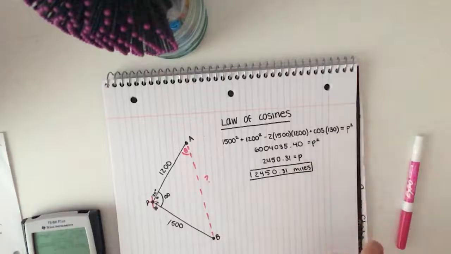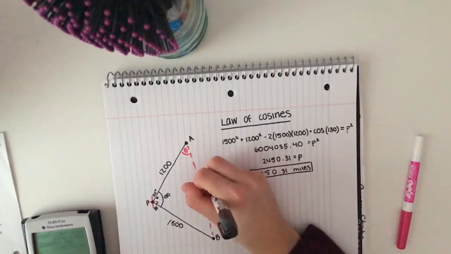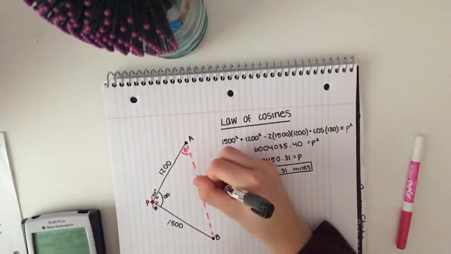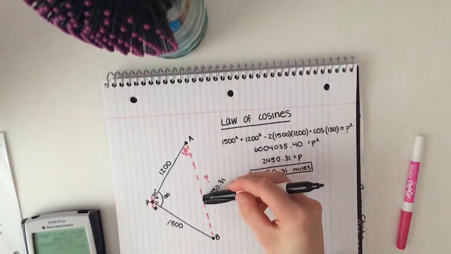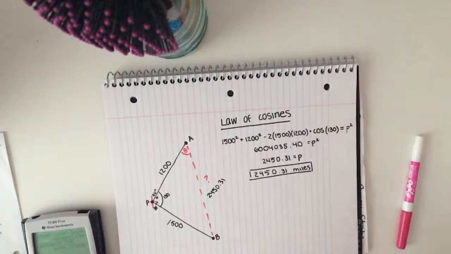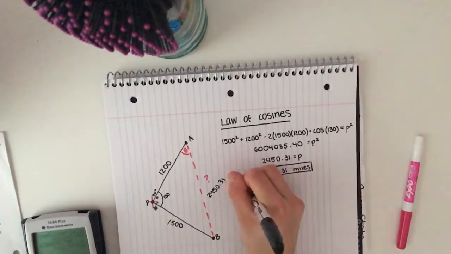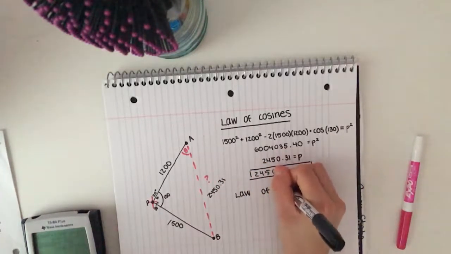So, now that we know this, we can label it on our diagram, 2,450.31. We'll look and see what information we have to solve for theta. So we can use the law of sines to solve for theta.